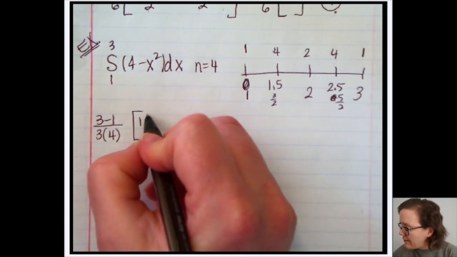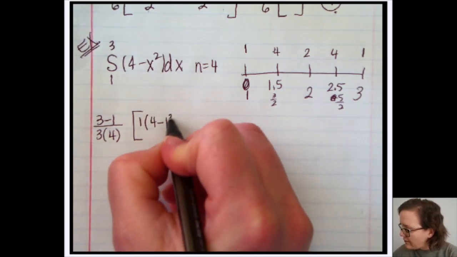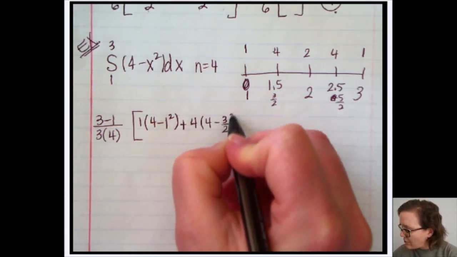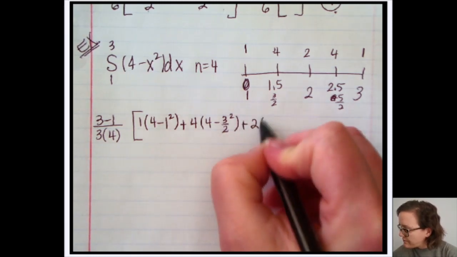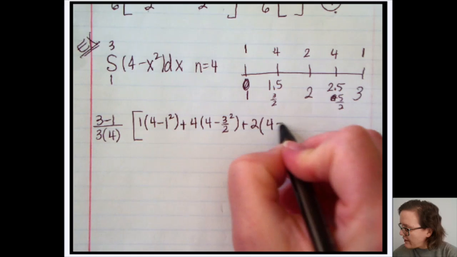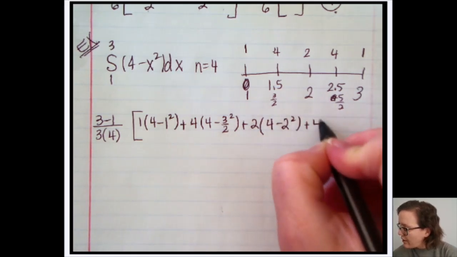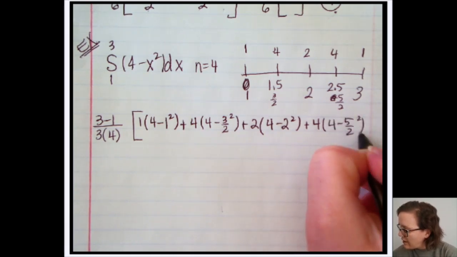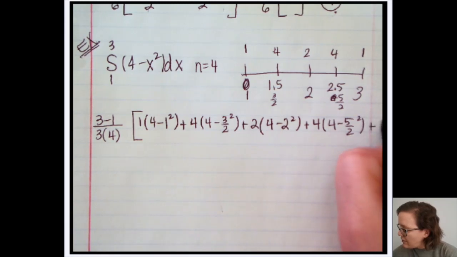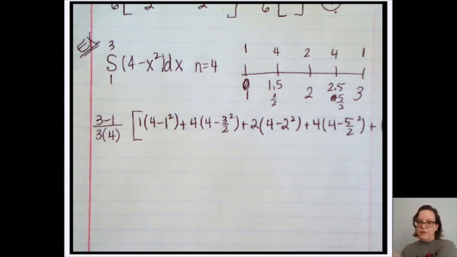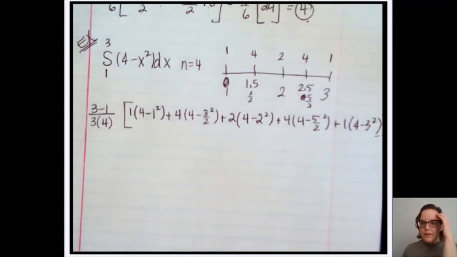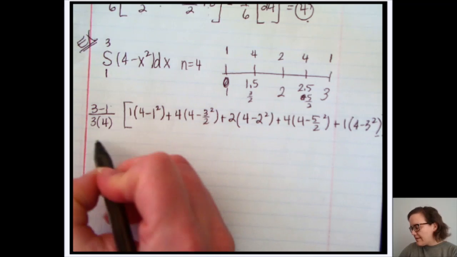So we do 1 times 4 minus 1 squared plus 4 times 4 minus 3 halves squared plus 2 times 4 minus 2 squared plus 4 times 4 minus 5 halves squared plus 1 times 4 minus 3 squared. Okay, so this is 2/12 or 1/6 again.